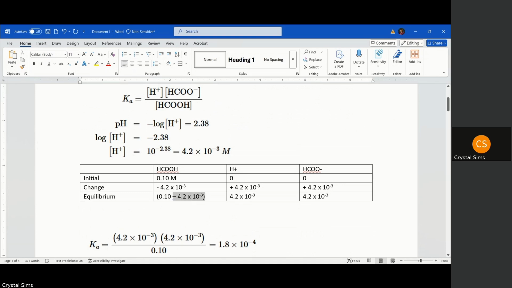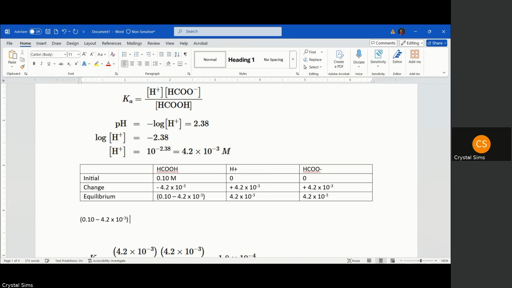So this expression, when we do that math, is still going to give us 0.10, right?